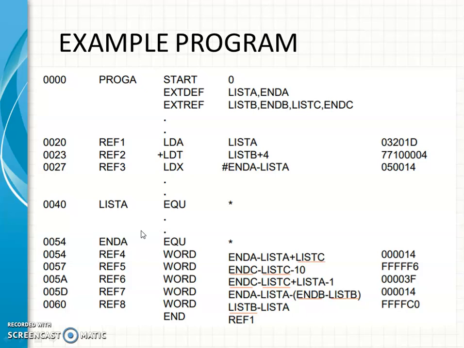During pass one of the assembler, a symbol table will be built with its corresponding addresses. For example, REF1 will have 0020, REF2 0023, REF3 0027.